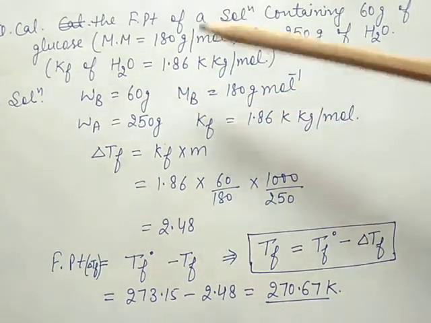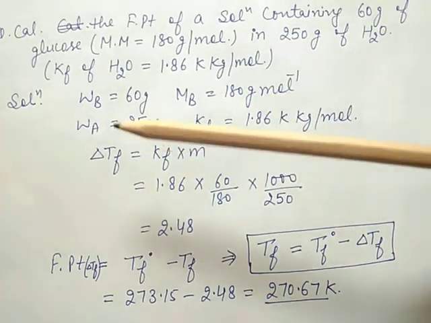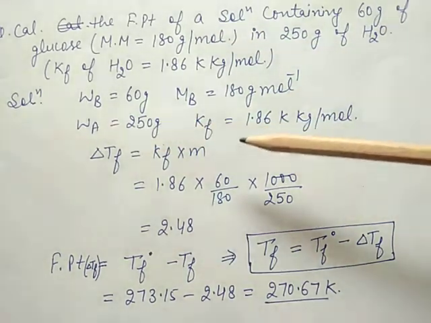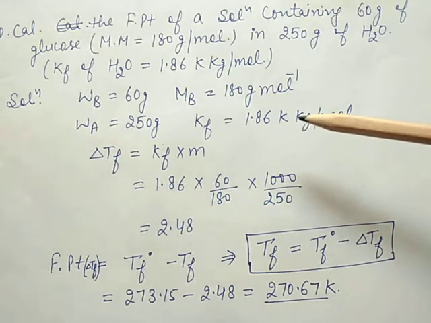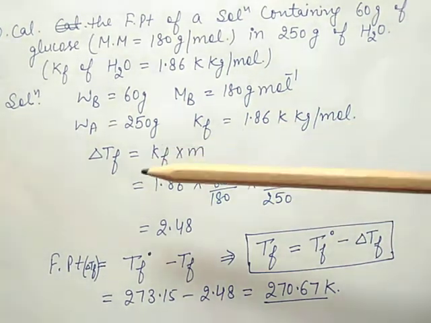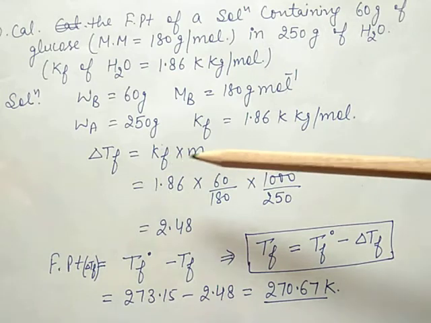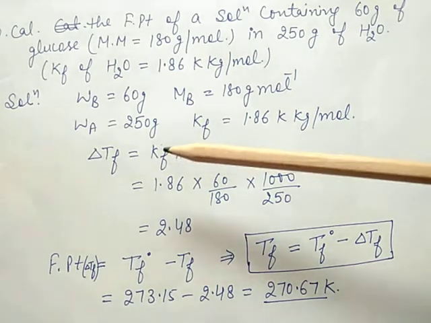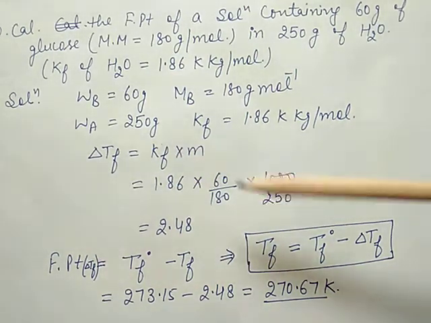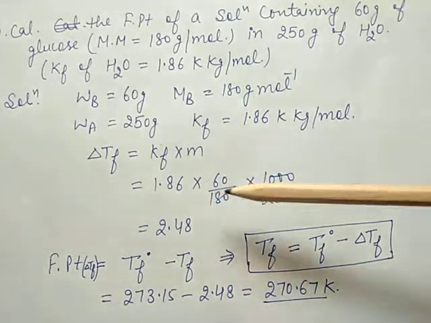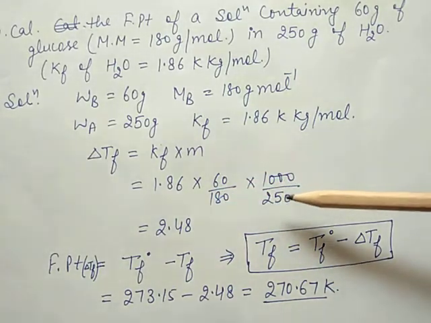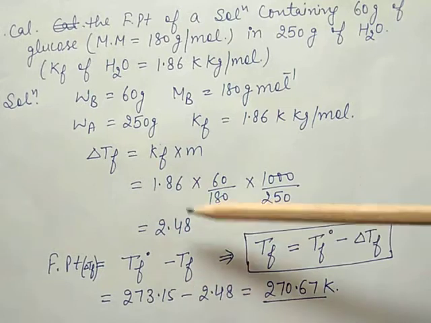Mb is equal to 180 gram per mole. Wa is 250 gram. Kf is 1.86 Kelvin kg per mole. Apply this formula, delta Tf is equal to Kf into m. Putting the values of Kf and m, molality is 60 divided by 180 into 1000 by 250.